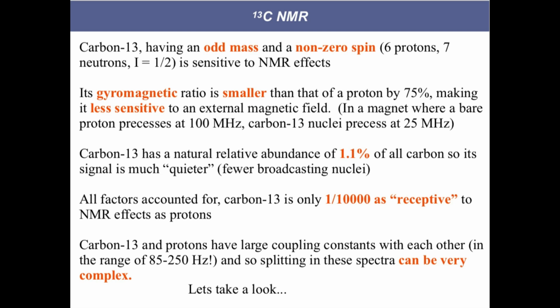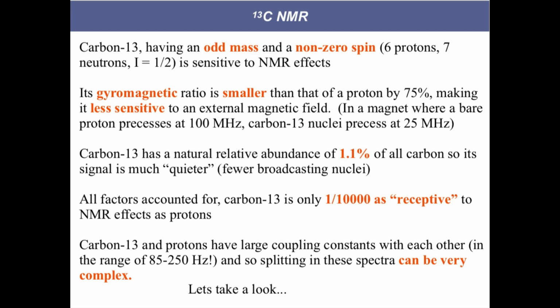When you combine those two things, the less sensitive gyromagnetic ratio and the lower abundance of carbon-13, the carbon-13 nuclei are only about 1/10,000th as receptive to NMR effects as protons. So it's a much more difficult spectrum to acquire. It takes a lot longer because you have to take more scans so that you can acquire more signals and add them together to get a more clear spectrum.